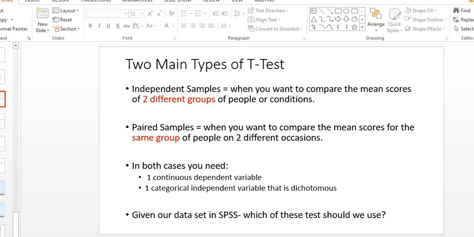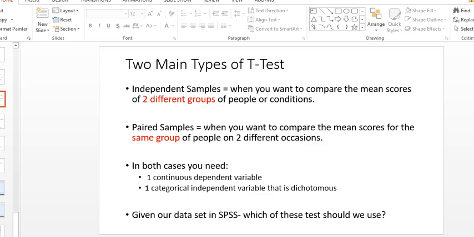For example, I might be interested in looking at, is there a difference in SAT score for students who had an IEP plan in high school versus students who did not have an IEP plan in high school.